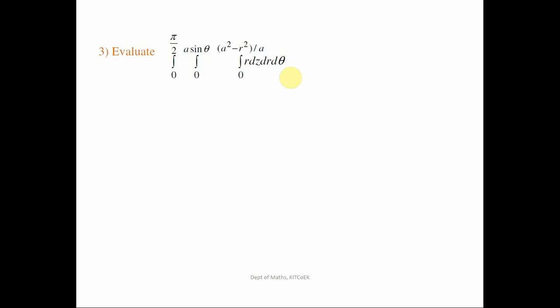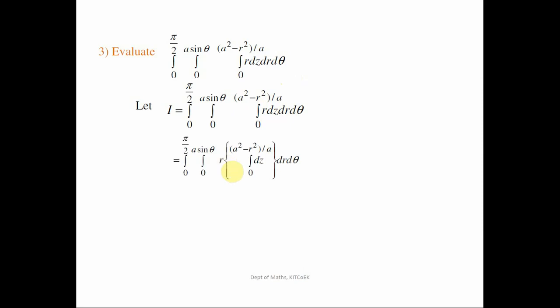So let us start by considering the given integral as I, and then evaluate the inner integral first. We will write that integral in brackets, integration 0 to a square minus r square upon a dz.